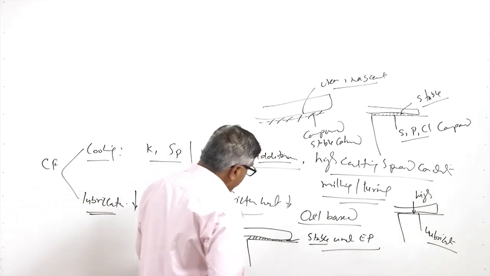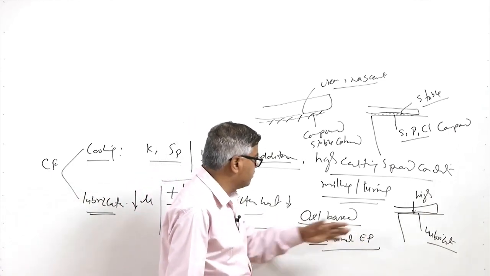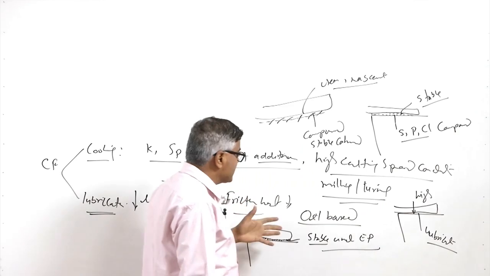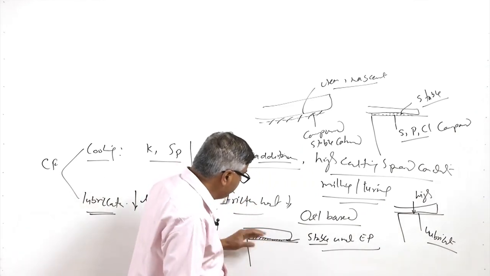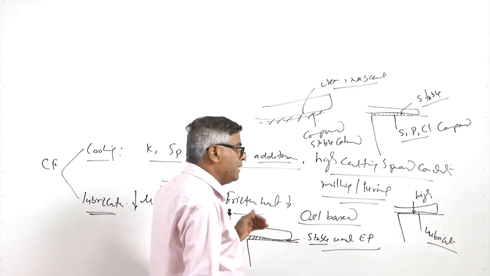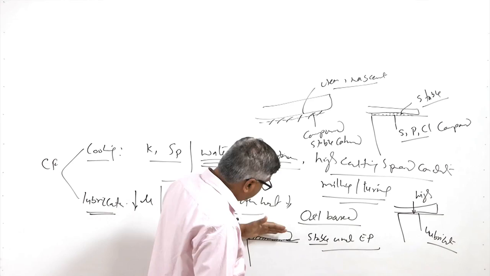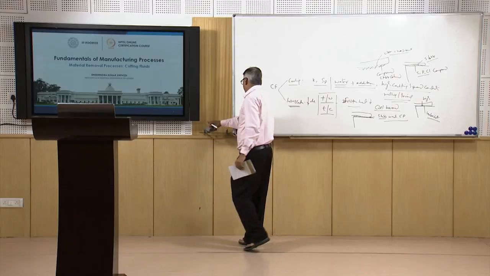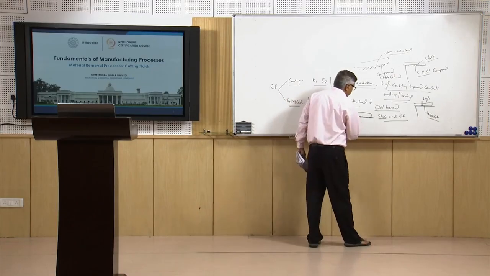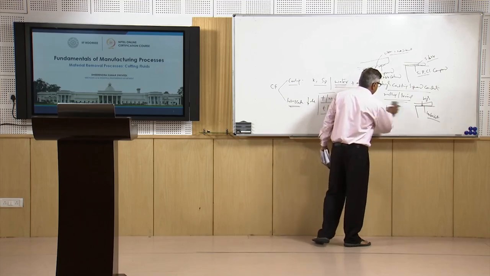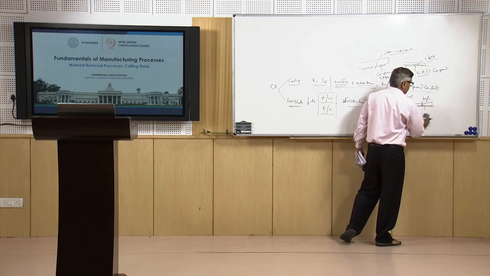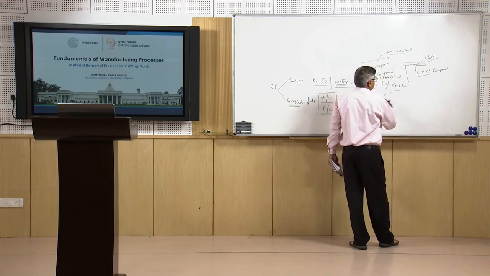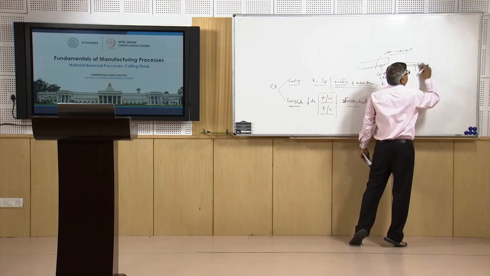When such compounds are formed in the presence of sulfur, phosphorus and chlorine in the oil based lubricants, they will be able to reduce the metal to metal contact between the chip and the face of the tool, so that the friction can be reduced and the flow can be smoother. Such compounds are called extreme pressure additives, because the compounds formed can sustain the really high pressure conditions which exist during machining.